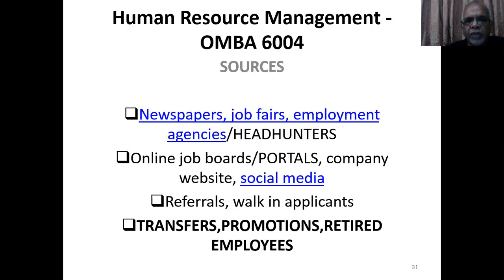That is, what measures or means do we adopt to be able to tap these two sources. On the screen, you have a list of these tools or means that organizations may have recourse to in order to tap the two sources of recruitment and selection.